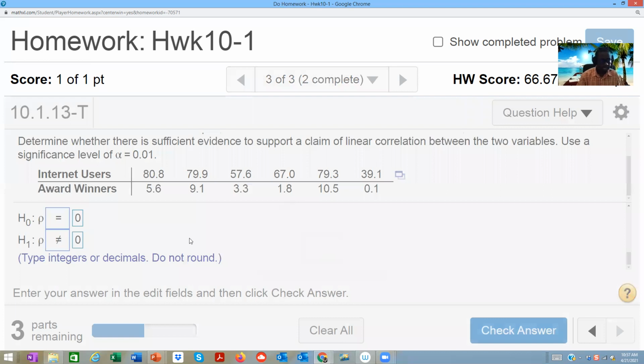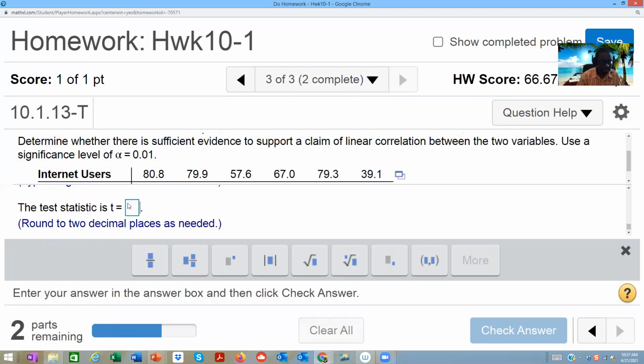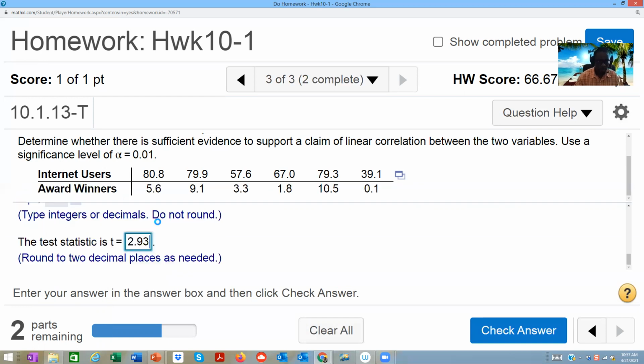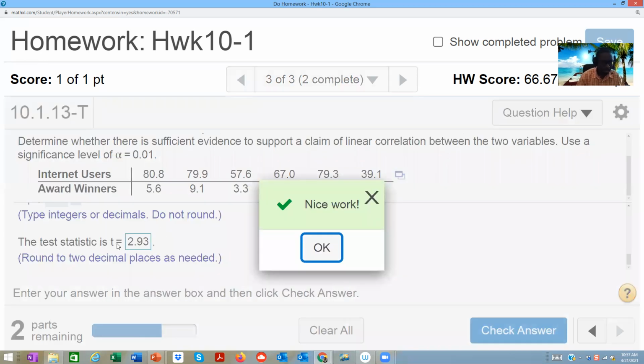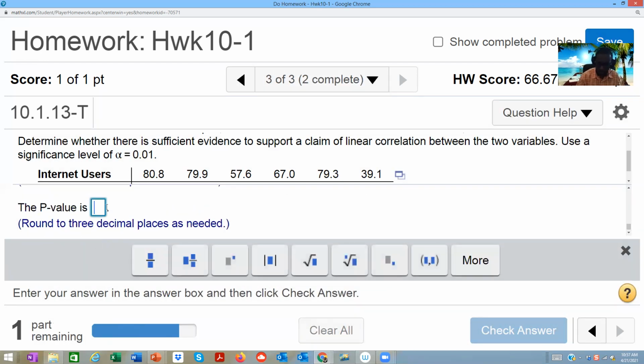We got it correct. The test statistic to 2 decimal places is 2.93. And then the p-value to 3 decimal places is 0.043.